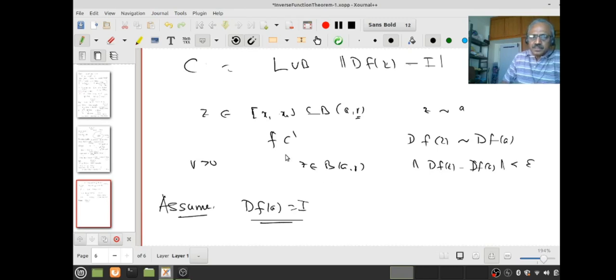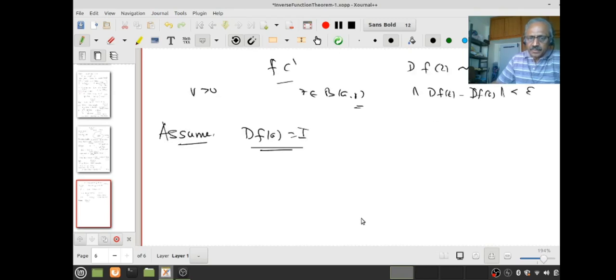Since f is C1, there is an r positive so that the distance, that is norm of Df(z) minus Df(a), will be less than epsilon for every z in B_R, right? Now what is B_R? Z is on the line segment x1, x2, which is completely contained in B_R. You understand that? Yeah. Therefore, I can choose r.